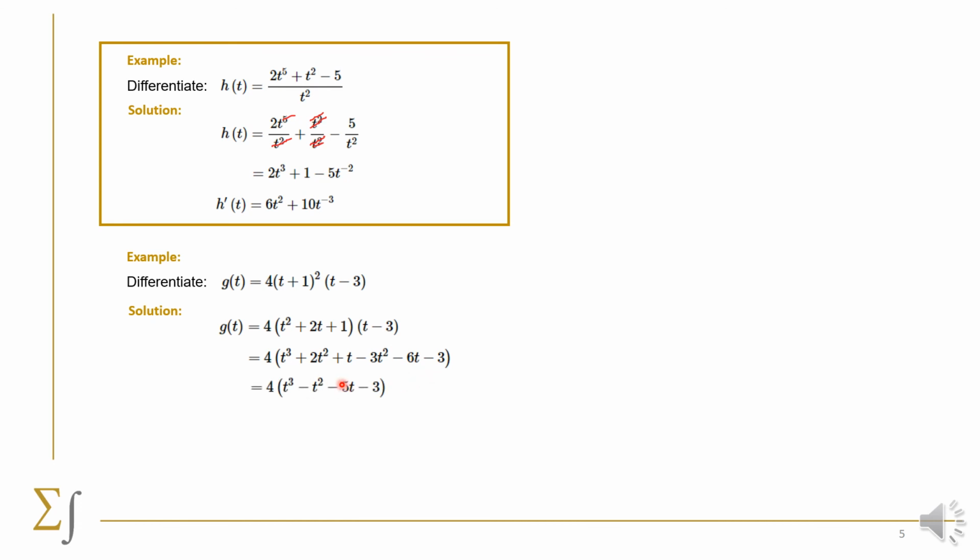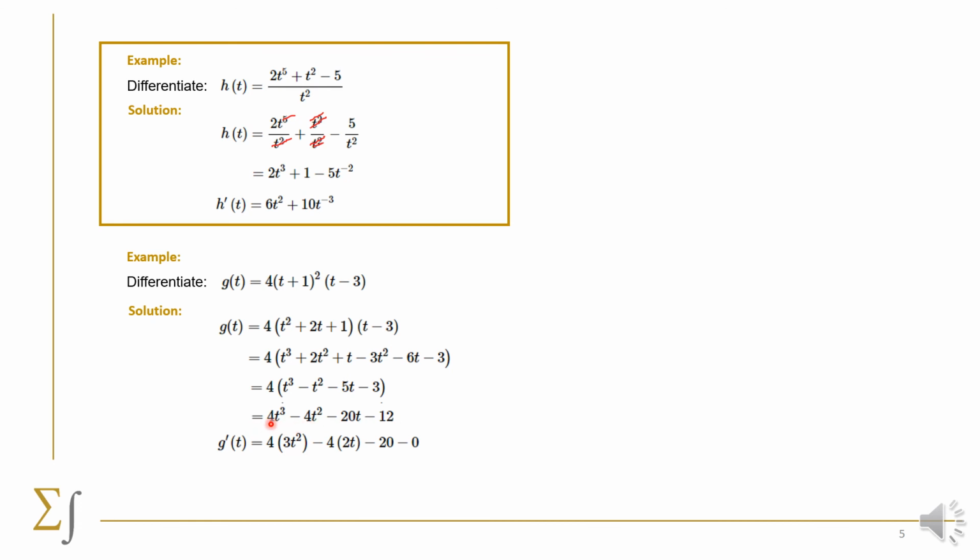And then in the coming step, we add the like terms, so we get this simplified, reduced form: 4 times t cubed minus t squared minus 5t minus 3. Next, we multiply each term by 4. We have 4t cubed minus 4t squared minus 20t minus 12. Now we differentiate term by term to get g prime.